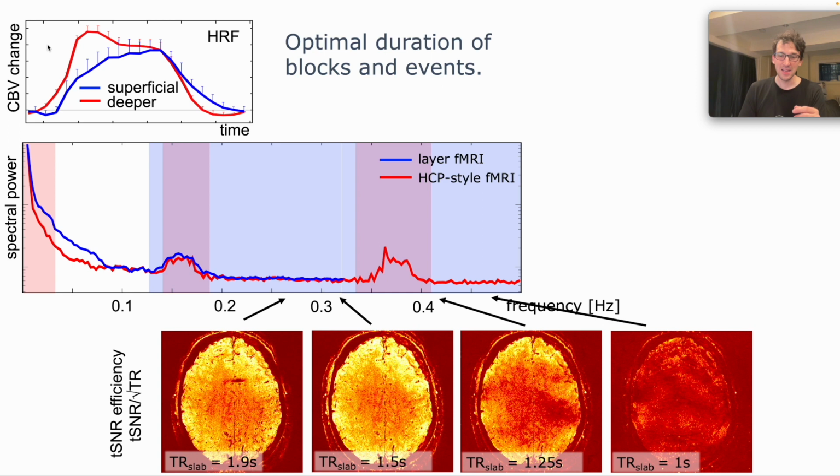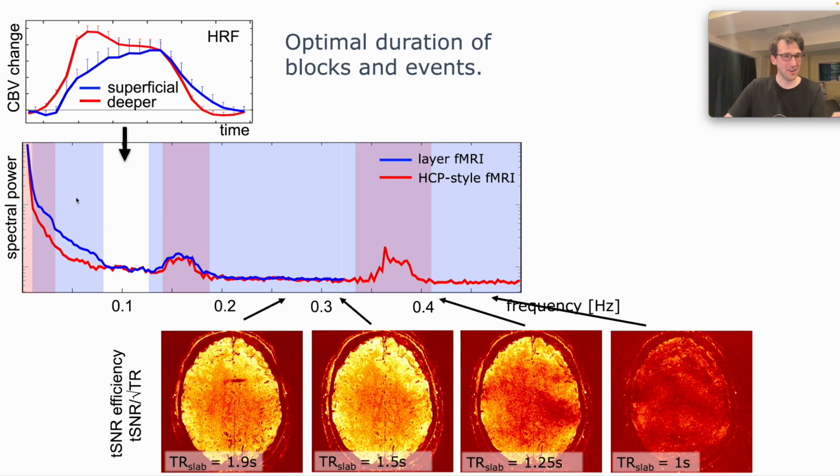This means that for a given protocol with a specific timing, you cannot really be sure if your superficial layer is weaker than your deeper layer simply because it has a slower response, or if this is just due to the fact that there's actually less neural activity in there. So very often people try to avoid this frequency spectrum because of that.